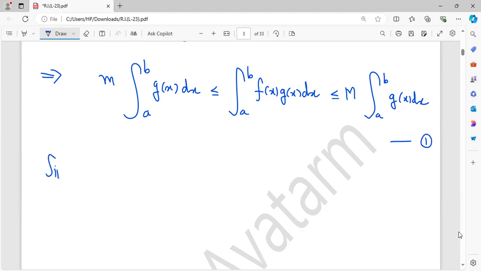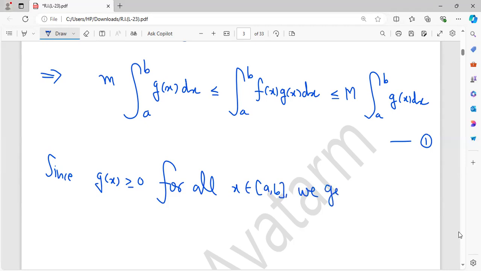Since g(x) is greater than or equal to 0 for all x belonging to [a,b], we get the integral from a to b of g(x) dx is greater than or equal to 0.